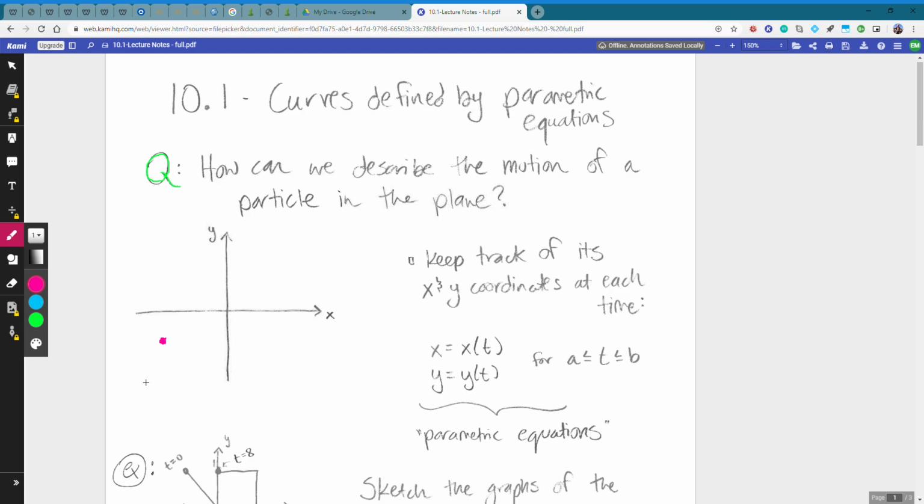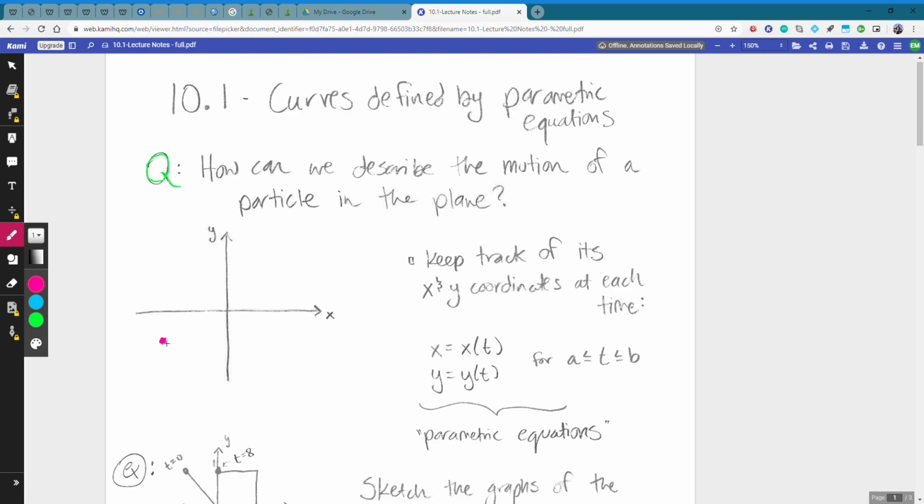And the idea is that as time moves forward, this particle is going to be moving around the plane. It's going to be doing something. It's not just staying put. And so we'd like some way to think about and describe motion, the behavior of this particle.